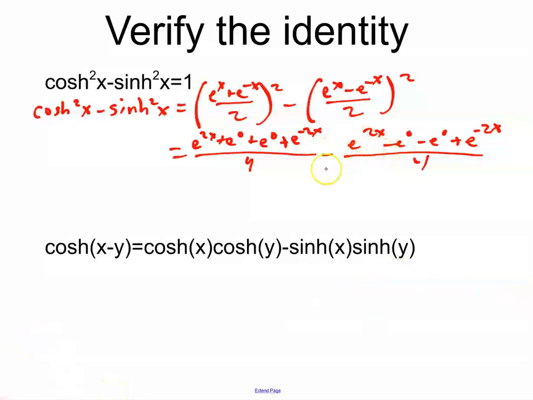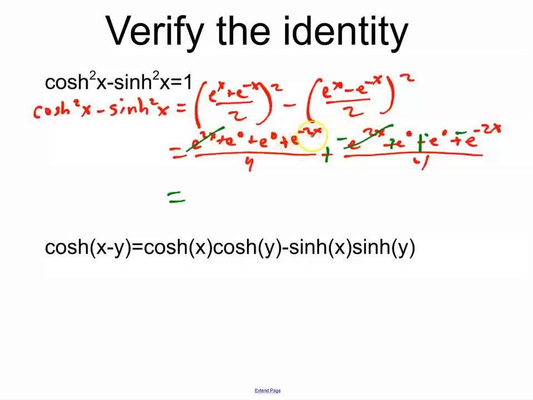I can go ahead and subtract these. They do have a common denominator, but I'm going to change that to a plus and switch all my signs in here. So now I've got e to the 2x and a minus e to the 2x, so those cancel out.